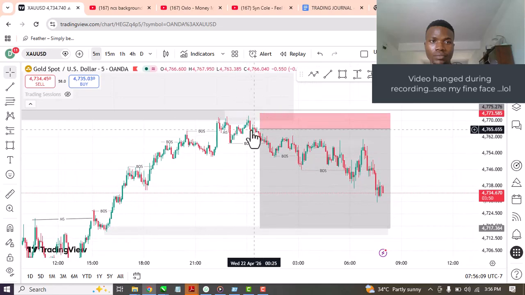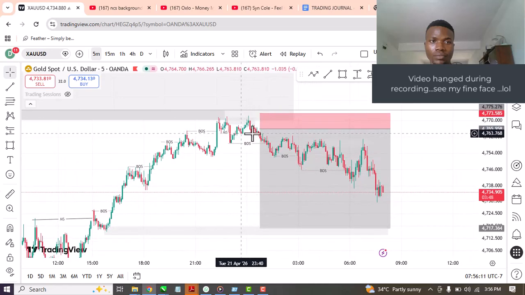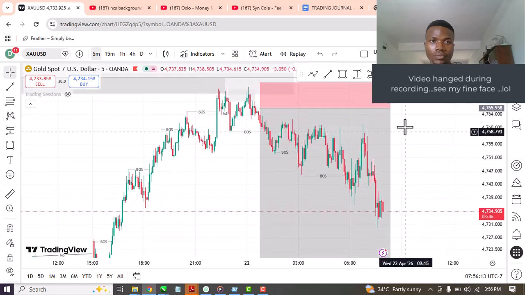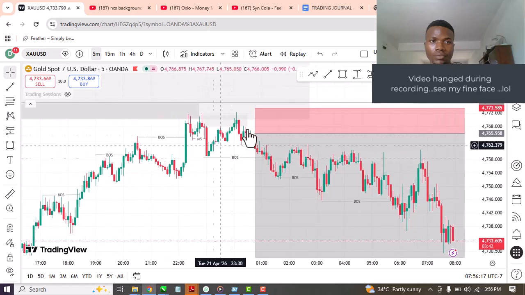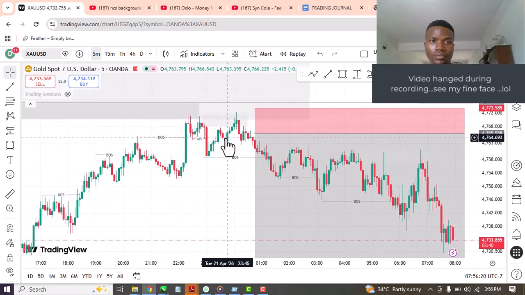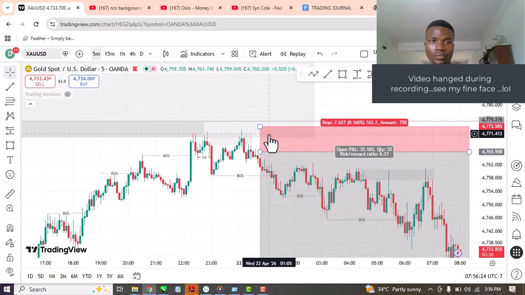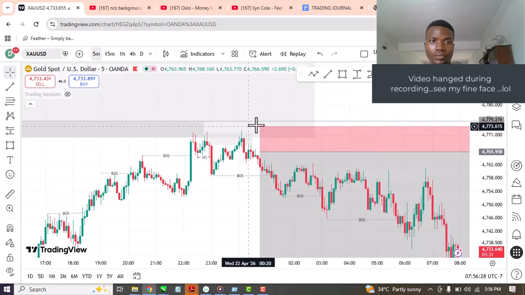In fact, I entered the trade around this zone in the morning, and the moment I entered around there, price reversed all the way up here. You can see that price almost got to my stop loss, but the reason price did not get to my stop loss is that I manage my risk.